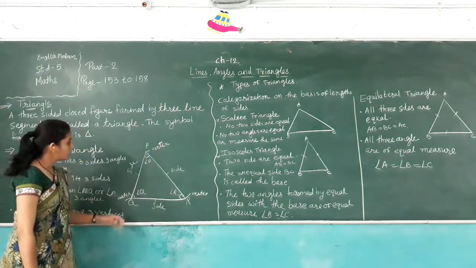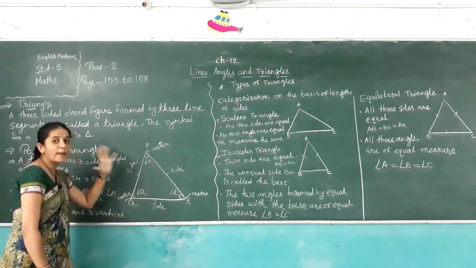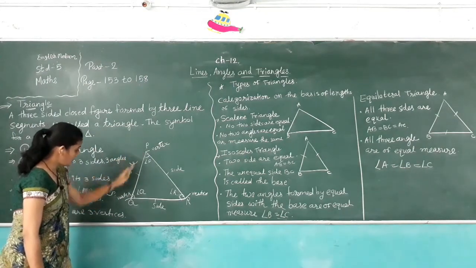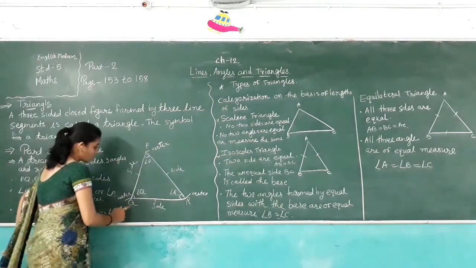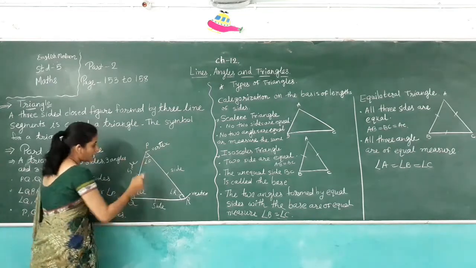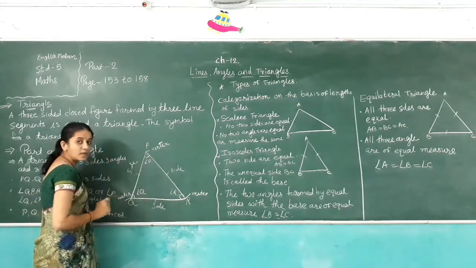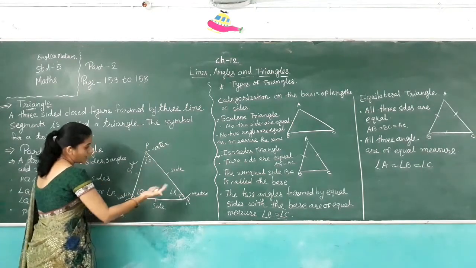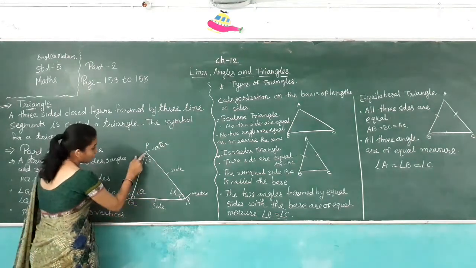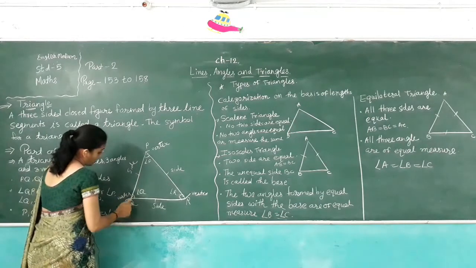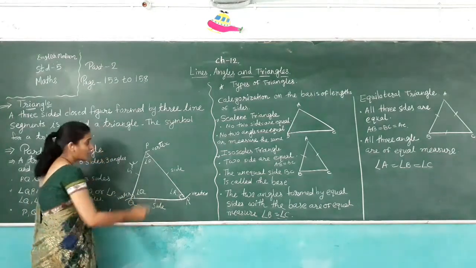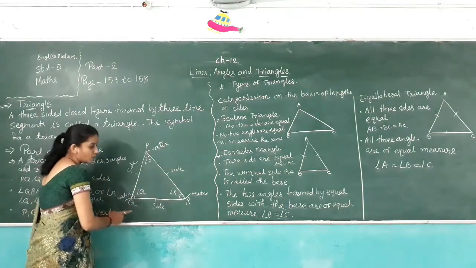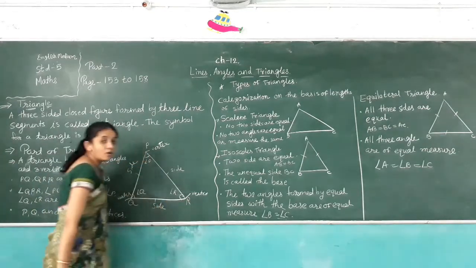Angles are formed at the vertices: angle PQR, angle QRP and angle PRQ, or angle P, angle Q and angle R. Sides PR, PQ and QR. Vertices P, Q and R.